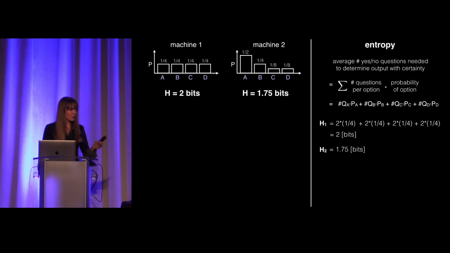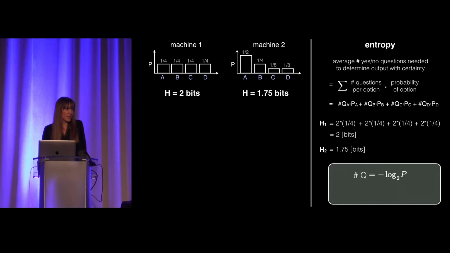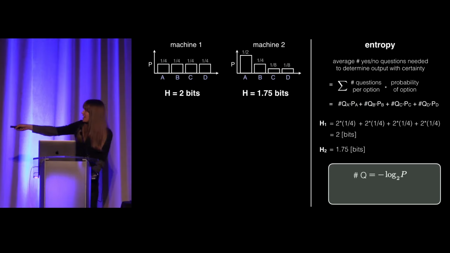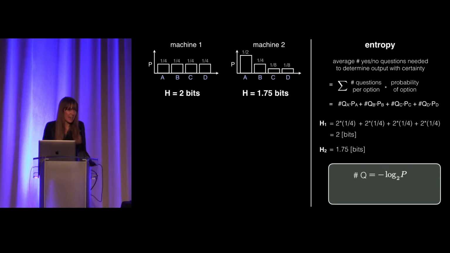Now, it turns out, and you can look at your notes to verify this, that the number of questions that we have to ask to determine each of these options is equal to negative log base 2 of the probability of that option. So if we take option A and we take the negative log base 2 of a quarter, we get back 2, which is the number of questions we have to ask to determine that the output was A. You can check in your own notes that this is the case.